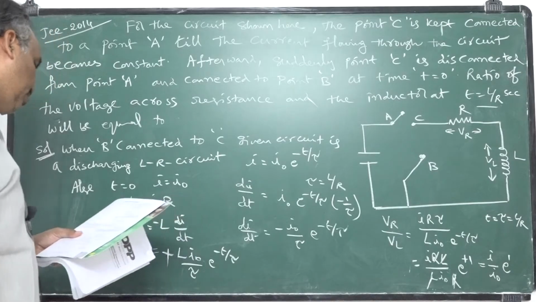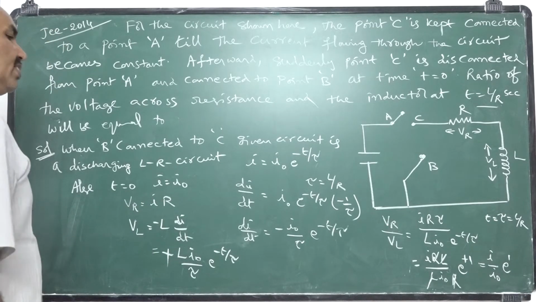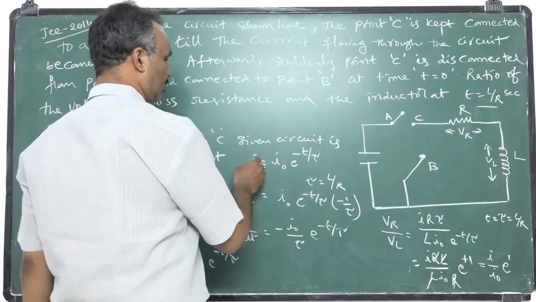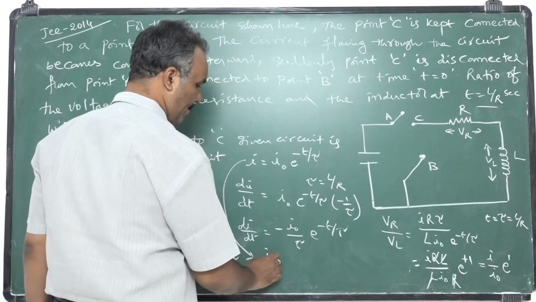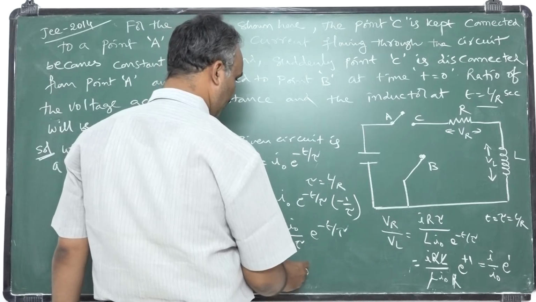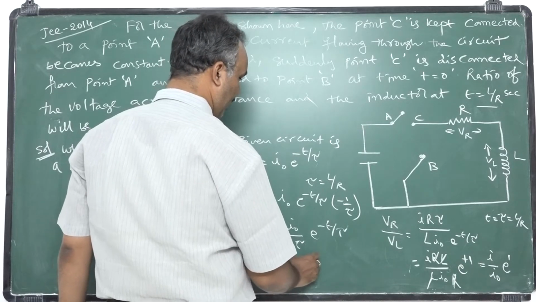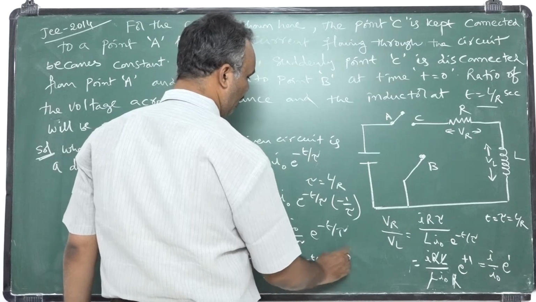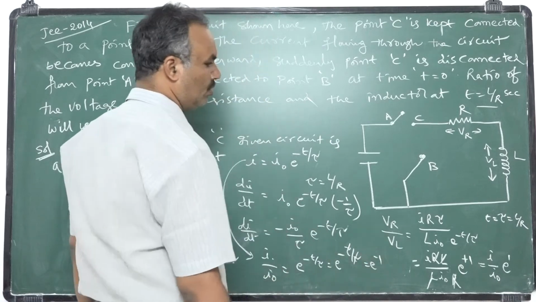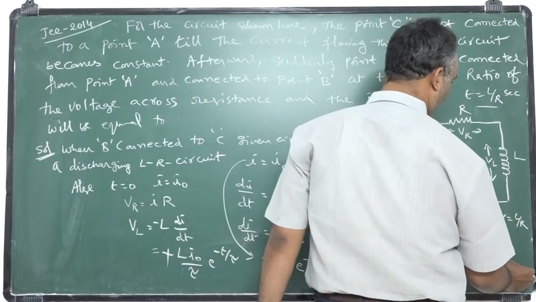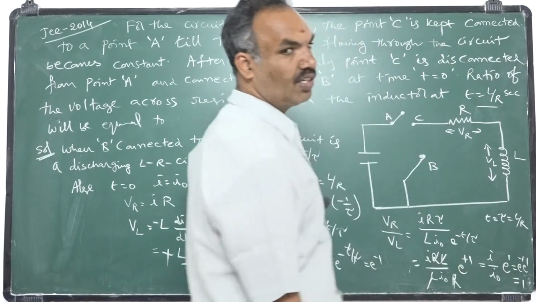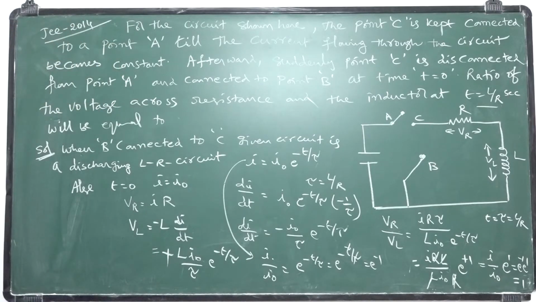But I by I naught is e power minus t by tau, that is equal to e power minus tau by tau. Tau gets cancelled, that is e power minus 1. So, this is e power minus 1 into e power 1. E power 0 is equal to 1. 1 is the answer for the given question.